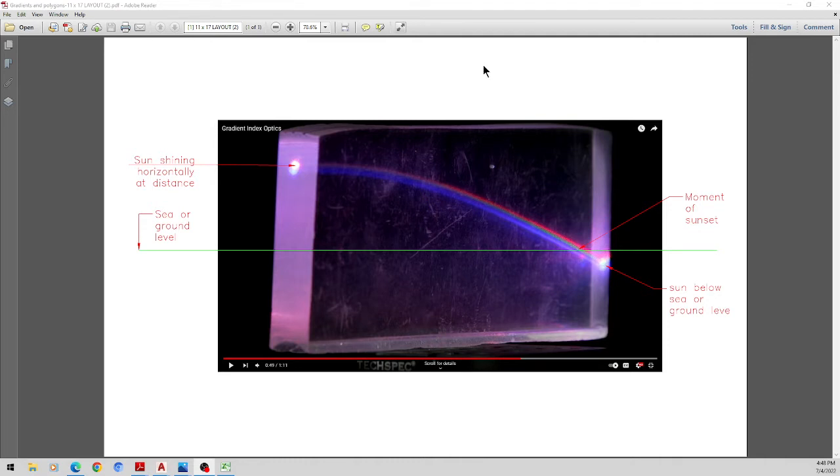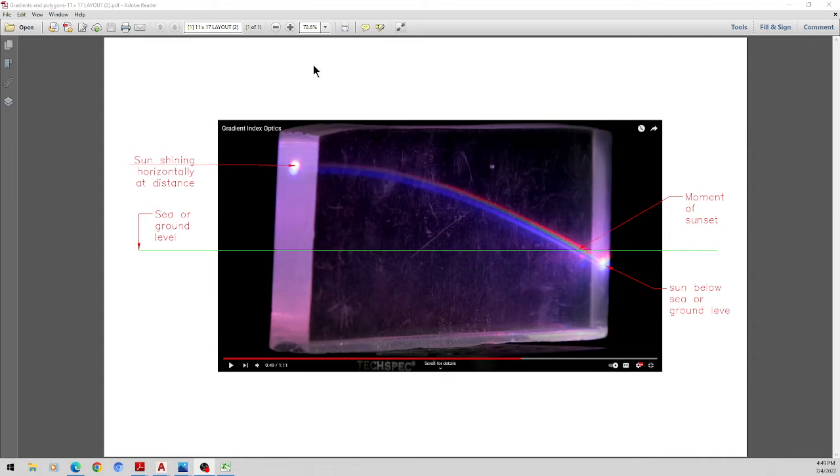Now, my thought in this, and again, this is a highly exaggerated refractive environment, that the light, or what would be the sun's energy, at great distance from us on a flat plane, would start to shine more horizontally towards us, or towards the atmosphere above us. And what we're seeing in this particular slide is a hotspot.